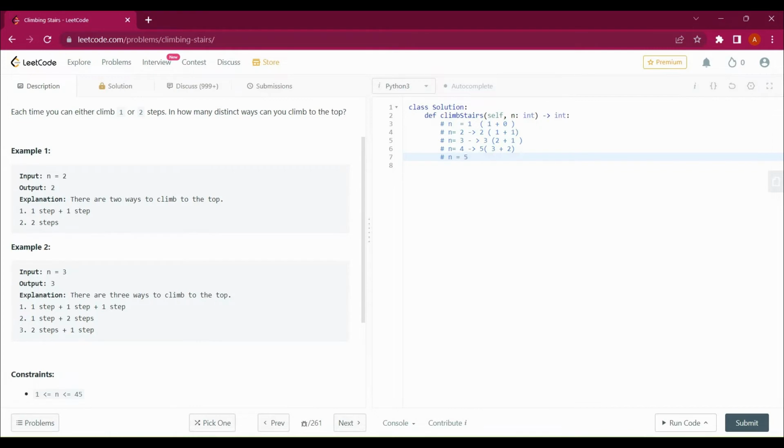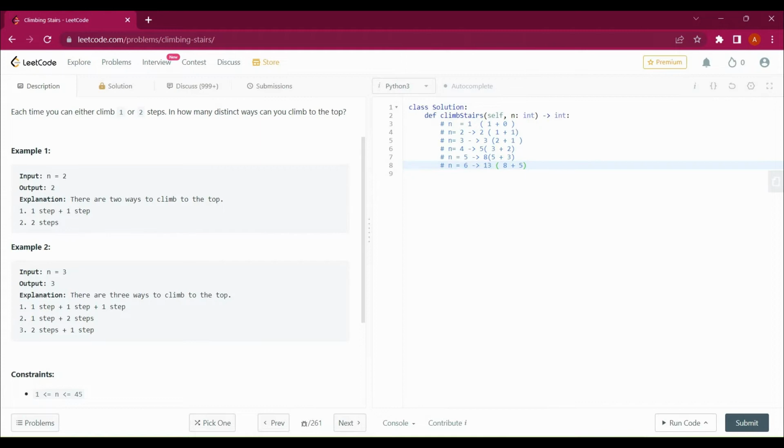Now if n is equal to 5, you guessed it correctly, it is equal to 8, that will be 5 plus 3. Then let's check for 6 as well. If n is equal to 6, it should be 13, because we are adding the previous two numbers, 8 plus 5.